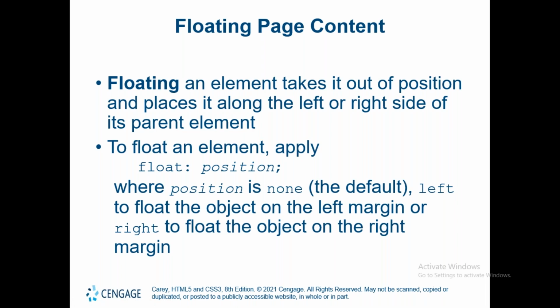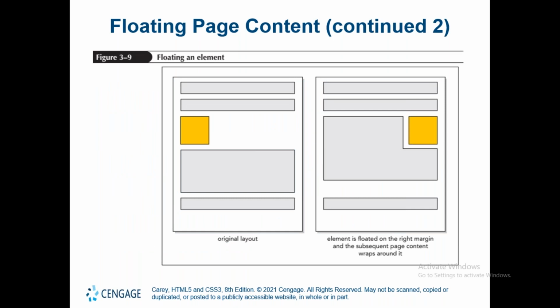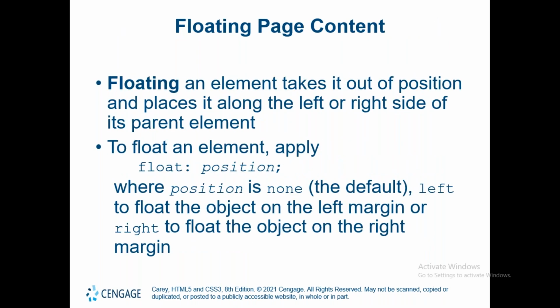So these are all the various things you can do in a reset style sheet, right? In ways you can change your page layout. And here's a good visual example of a floating element. Let's talk about floating. Floating an element takes it out of position and places it along the left or right side of its parent element, right? To float an element, you're going to apply it like this.